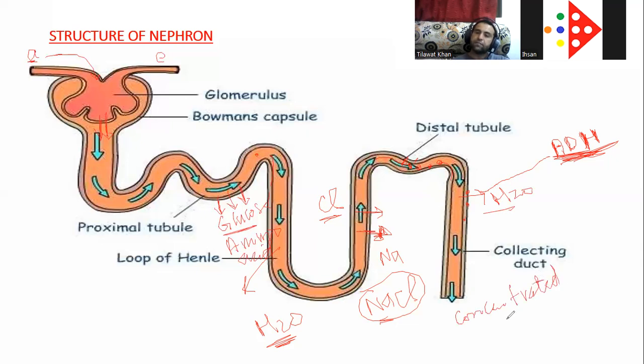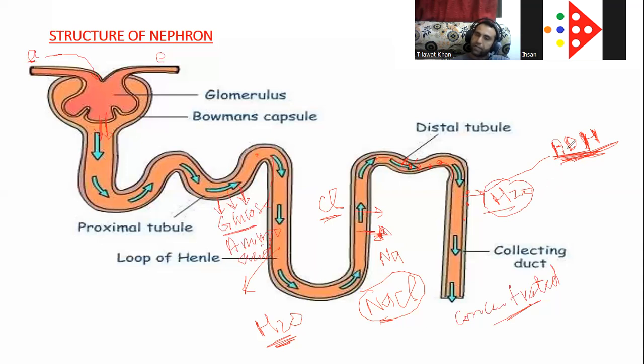Concentrated means having less water; the other materials like urea are more, but water is less. Why? Because water is reabsorbed back to your body under the influence of ADH hormone secreted by your pituitary gland.